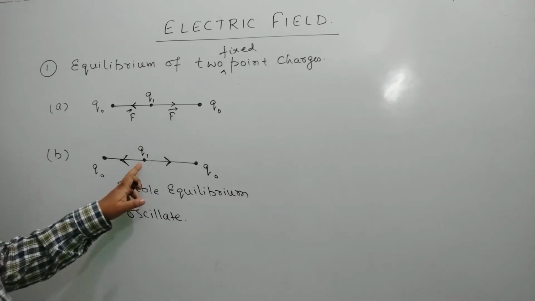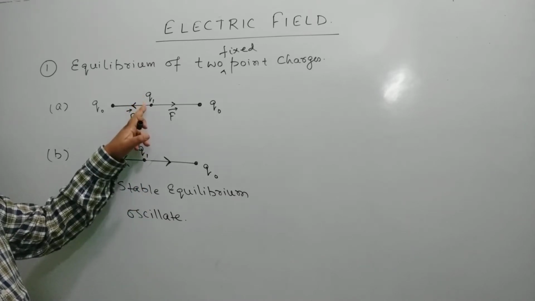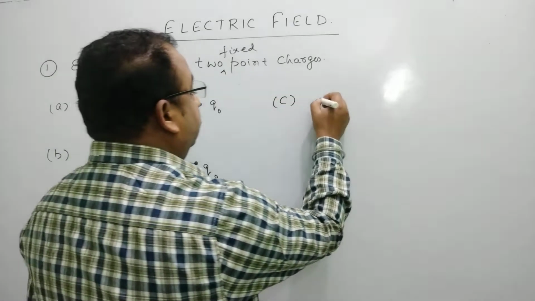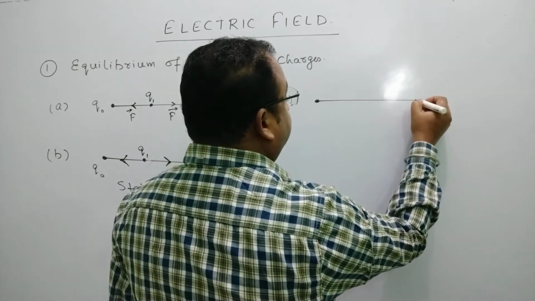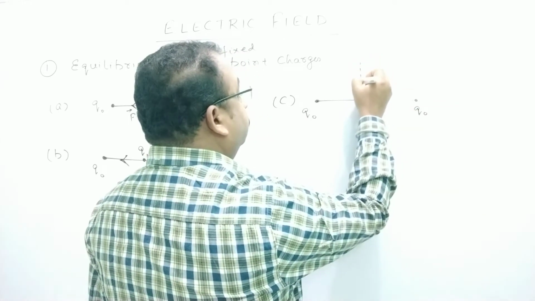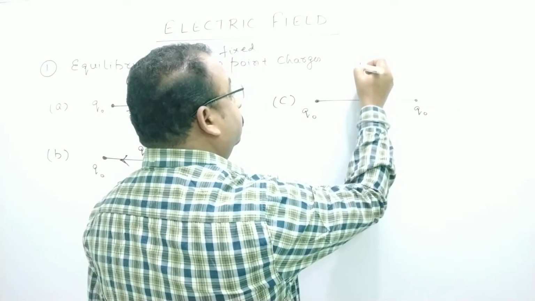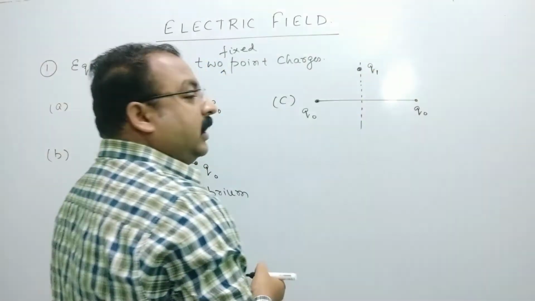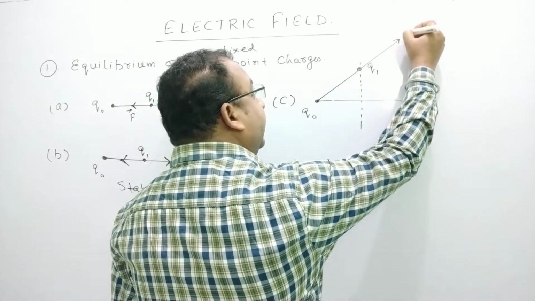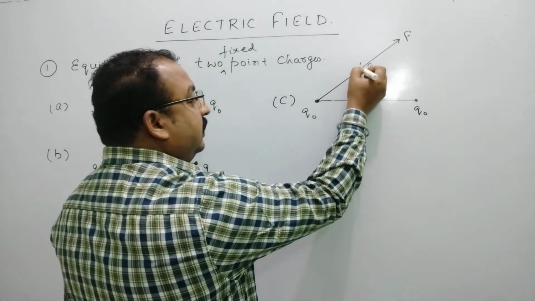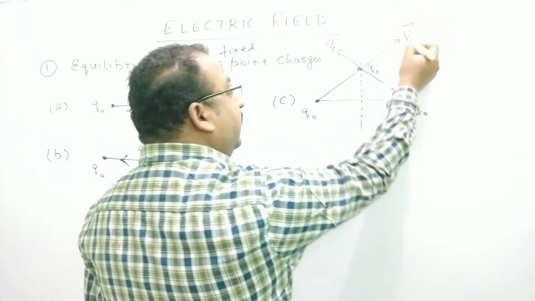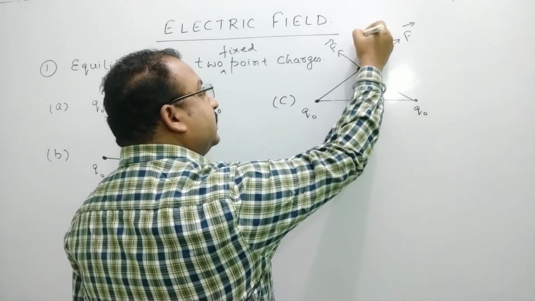If I displace the charge in the upward direction, that is on the bisector, this force will be acting this way because the same nature of charge is there, and this force will be acting this way, and the resultant of these two is this.